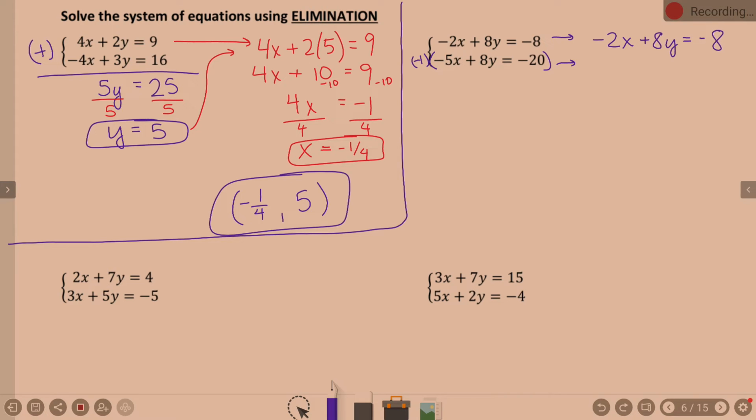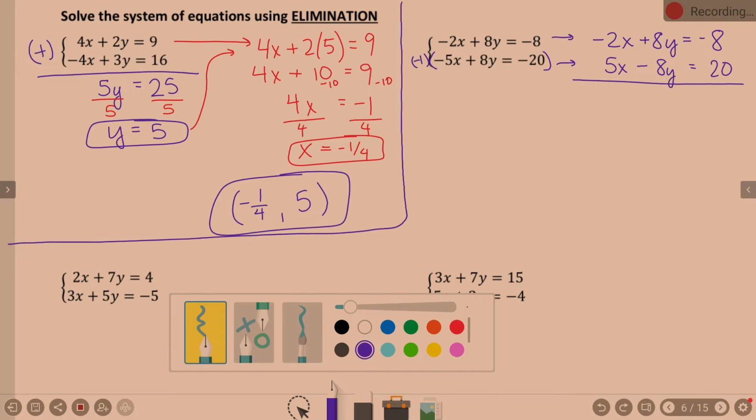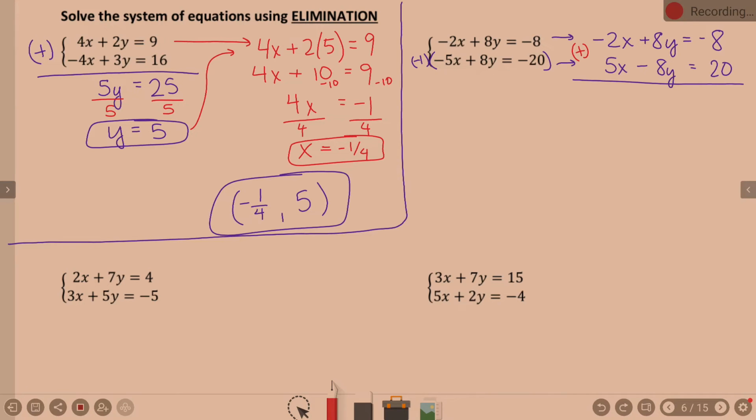So -5x becomes positive 5x. Plus 8y becomes minus 8y. -20 becomes positive 20. And now my signs are opposite. So I'm ready to add my 2 equations.